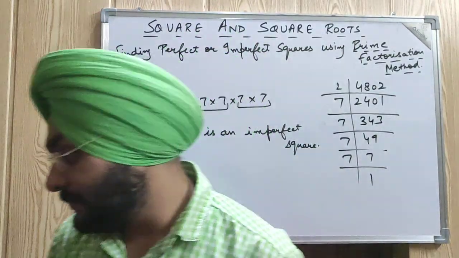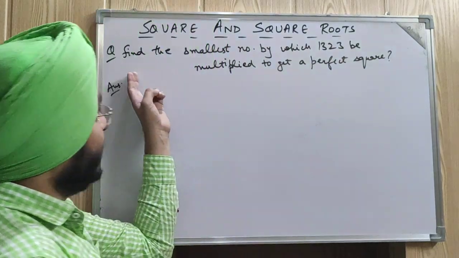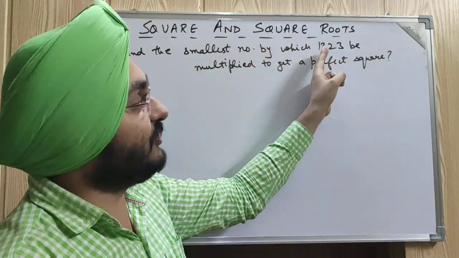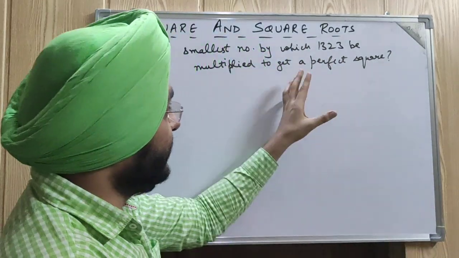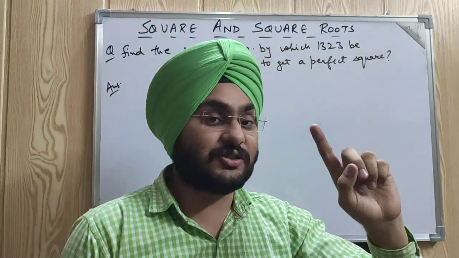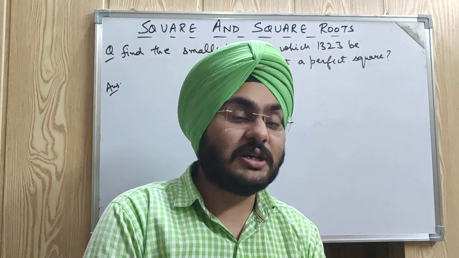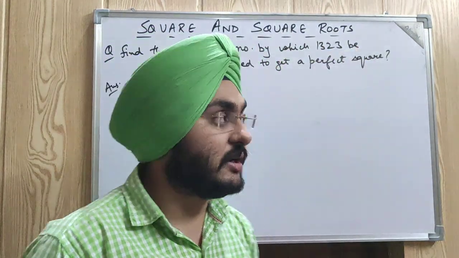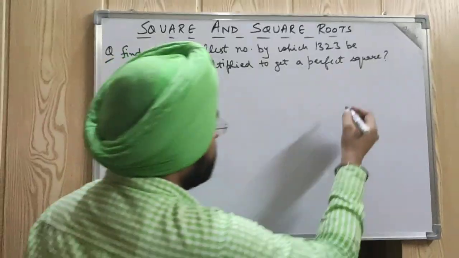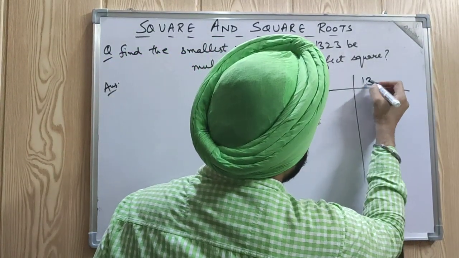So coming to the next. So our next question here is find the smallest number by which 1323 be multiplied to get a perfect square. It means this 1323 is not a perfect square. He is saying by which smallest number I will multiply this to get a perfect square. So firstly again you have to do the prime factorization of this 1323 only.